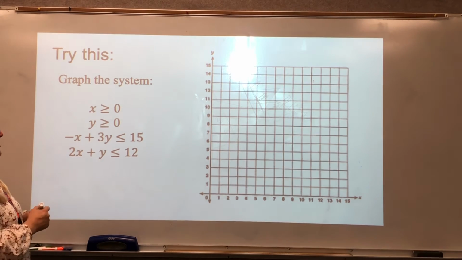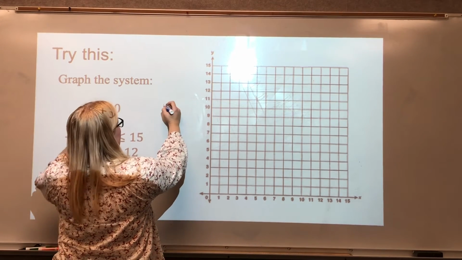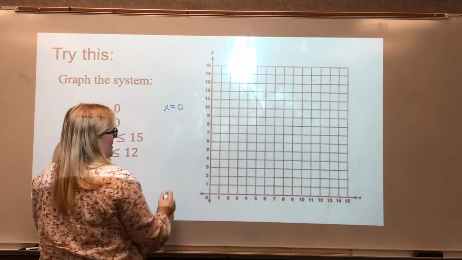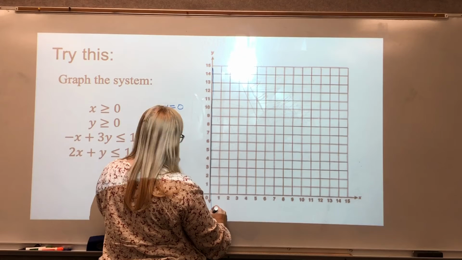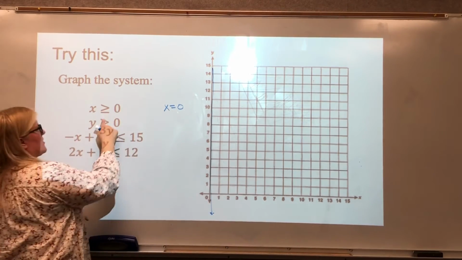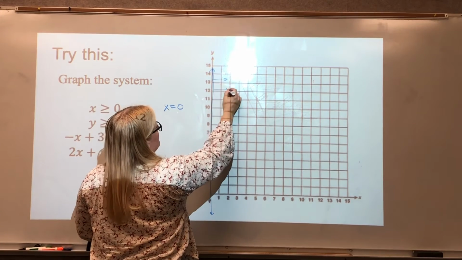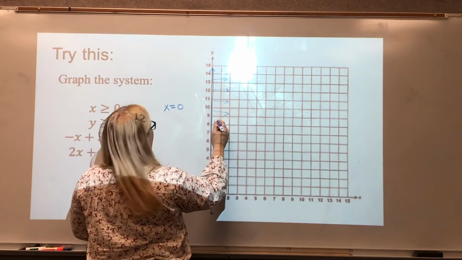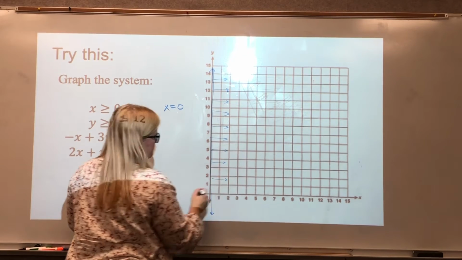Okay, so x is greater than or equal to 0. My boundary line is x equals 0, and that's going to be my y-axis. And all of these lines are going to be solid lines, which is nice. Okay, and x is greater than 0, so it's going to go up like this.